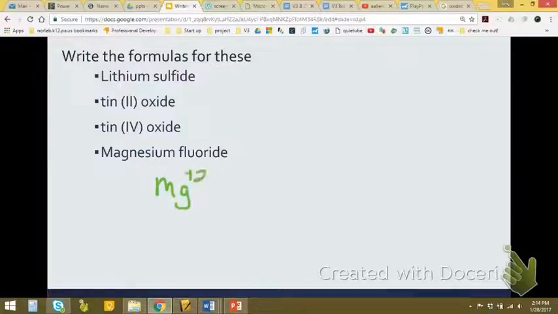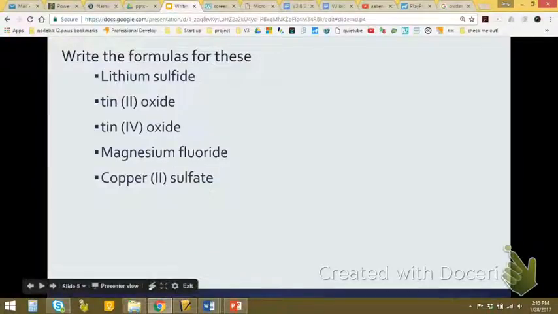Magnesium +2, fluorine -1. Crisscross and rewrite. Magnesium, fluorine. MgF2 is our final formula.